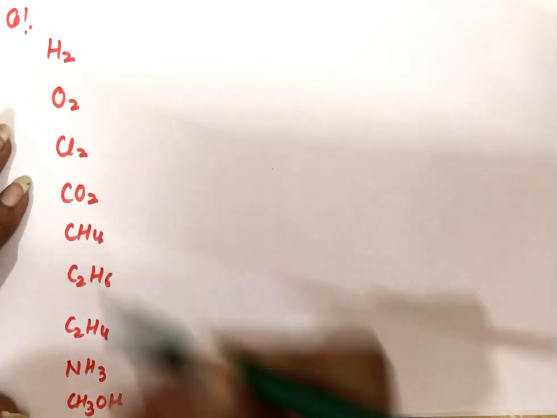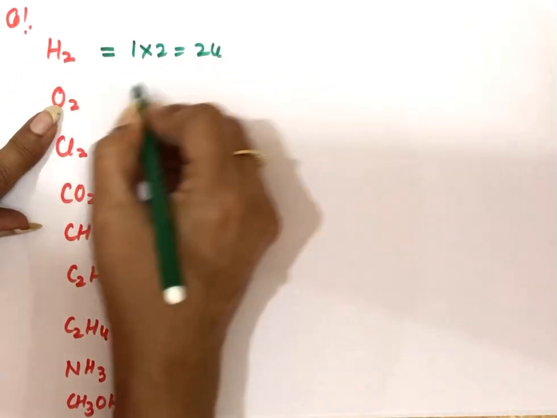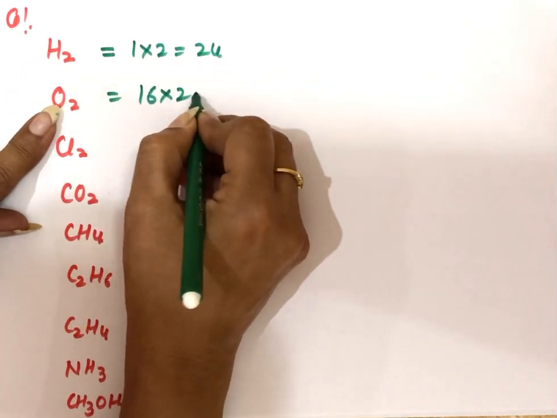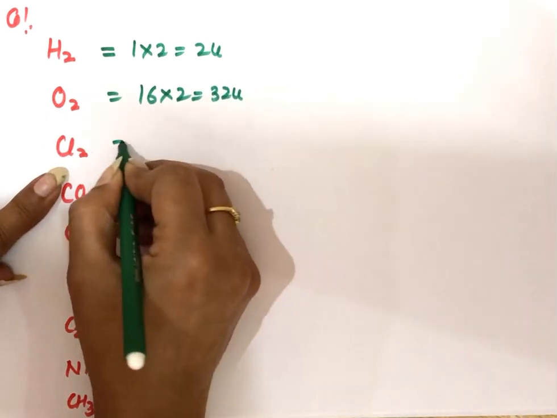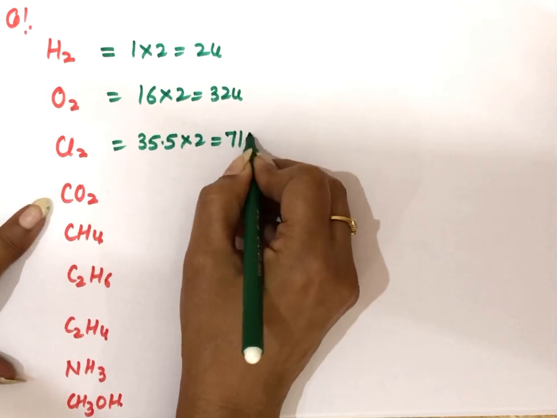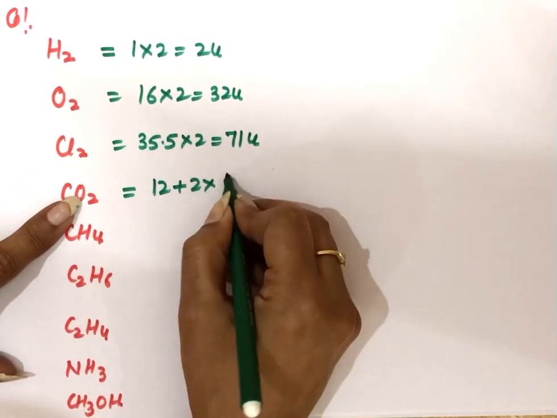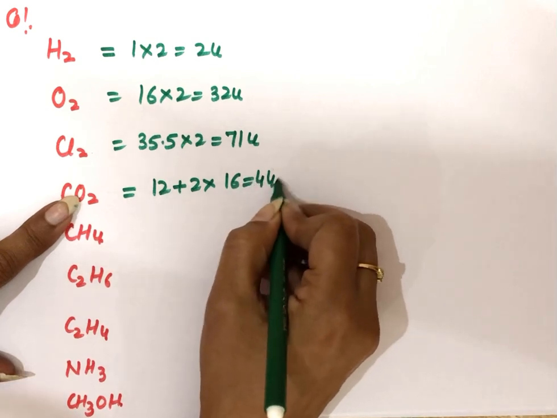So molecular masses of these are equal to 1 into 2, that is 2 U. Oxygen is 16 into 2, that is 32 U. Cl is 35.5 multiplied by 2, that is 71 U. Carbon dioxide is carbon 12 plus 2 into oxygen atomic mass 16, 44 U.